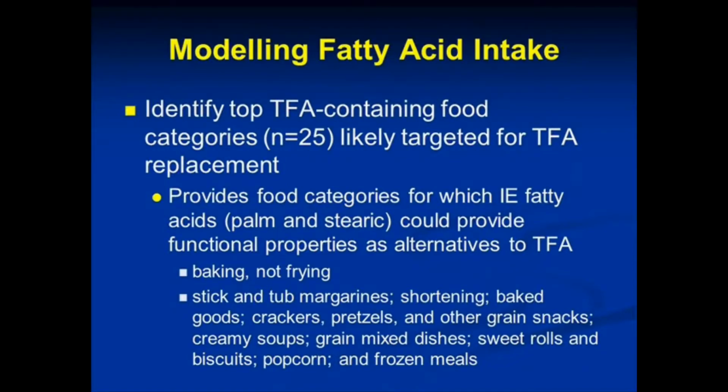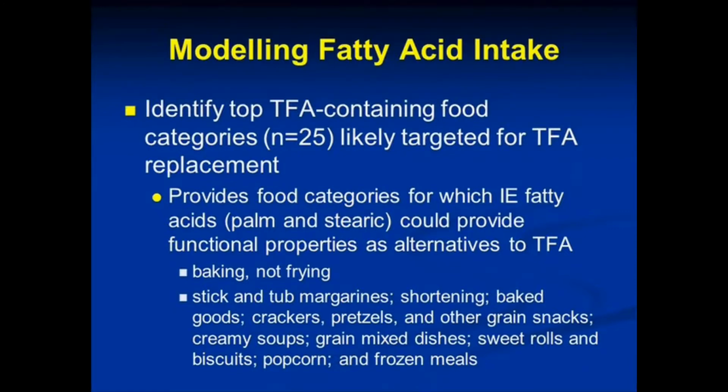And really the key here is that it's replacements that are going to have functional applications, functional properties. So they're going to be for baking and not frying, because the trans fats that were used in frying oils are going to be replaced with some of these genetically improved low-lin soybean oils, high oleic oils, those sorts of oils.